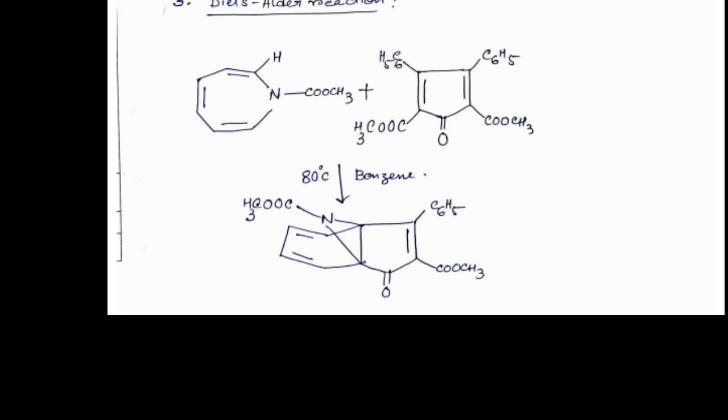Actually a fused ring formation is there. The 5-membered ring which reacts with the azepine derivative is as it is, and the whole azepine ring is attached over here, with a simple modification along with the specific substituents present here. This is the Diels-Alder reaction for azepines.